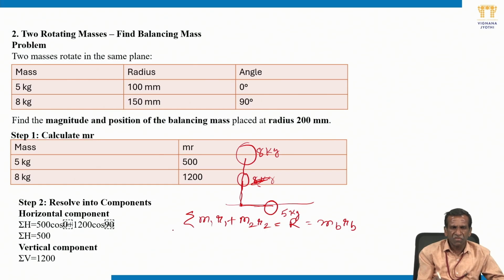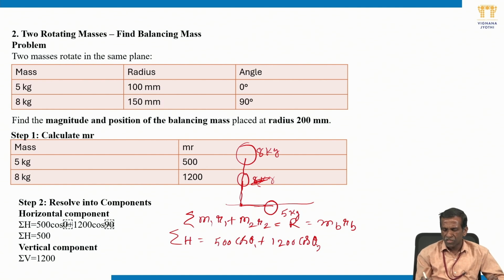You can use all horizontal components of these forces: m r cos theta. m1 r1 is 500, with m1 is 5 and r1 is 100, so 500 cos theta 1, plus the second one, 8 kg and 150, m2 r2 is 1200, so 1200 cos theta 2. Theta 1 is 0, theta 2 is 90.